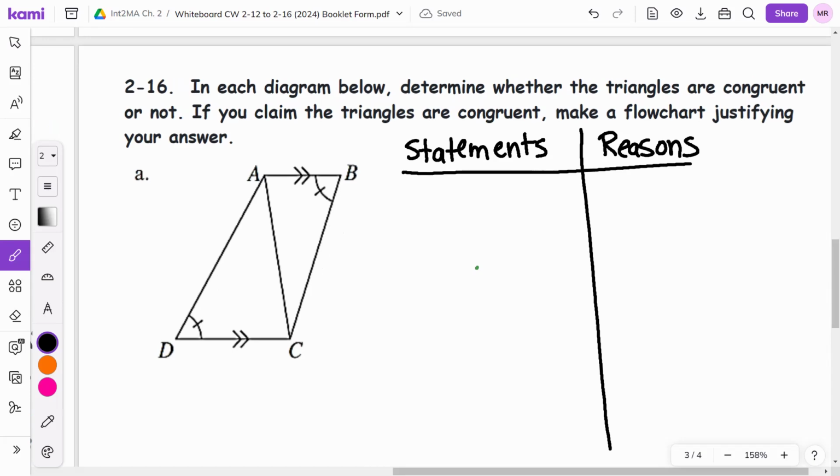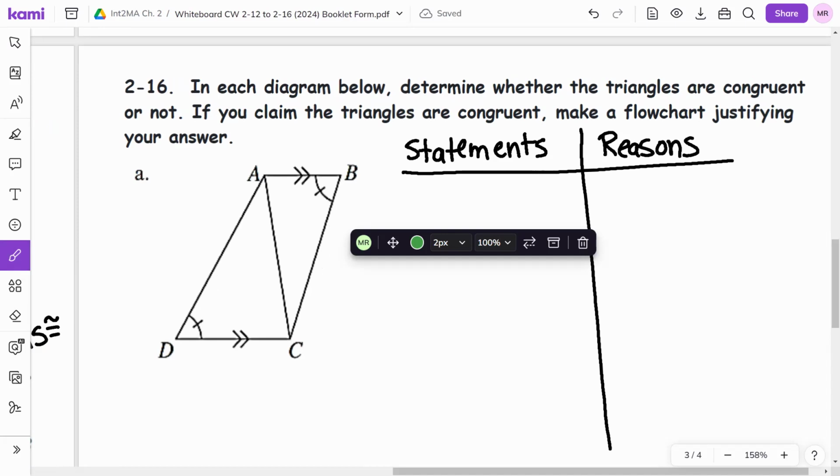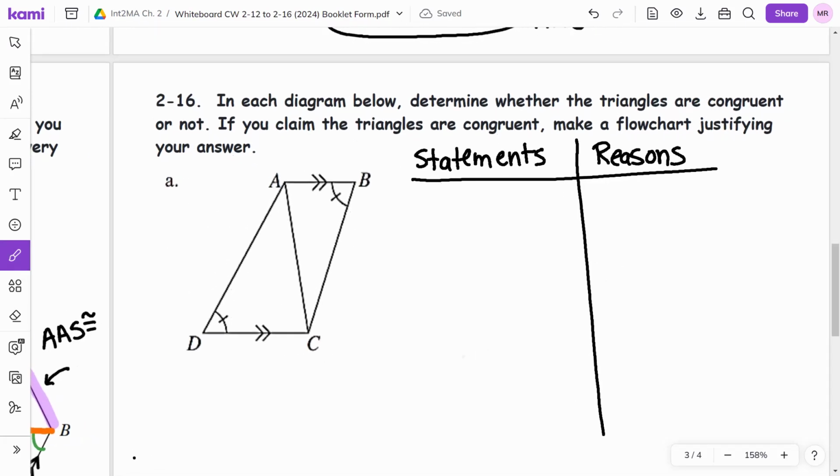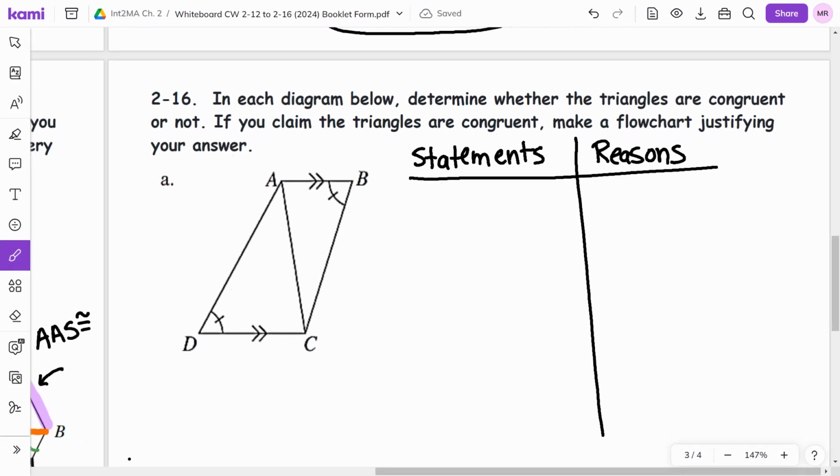We're trying to prove in this that the triangles are congruent, and if not, then we have to say why not. We don't have to prove it, we just say it.